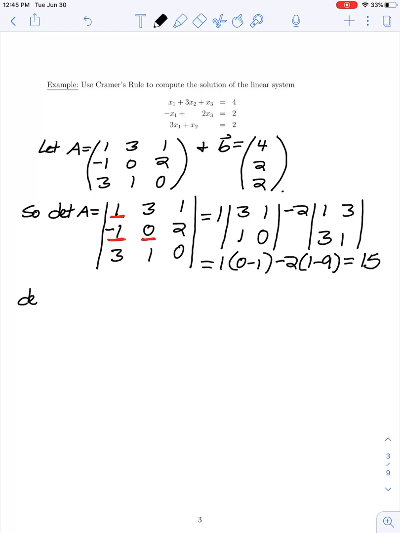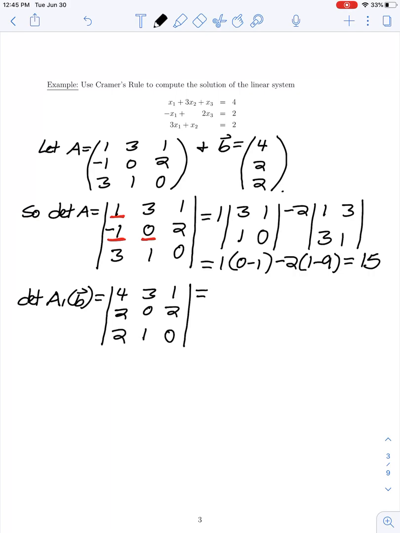Now we also need to find the determinant of the matrix A sub 1 of B. So that would be the determinant of the 3 by 3 matrix where the first column of A is replaced by the vector B, that is 4, 2, 2, and the second column and third column of A remain the same. So again, let's make use of a cofactor expansion to find our determinant.